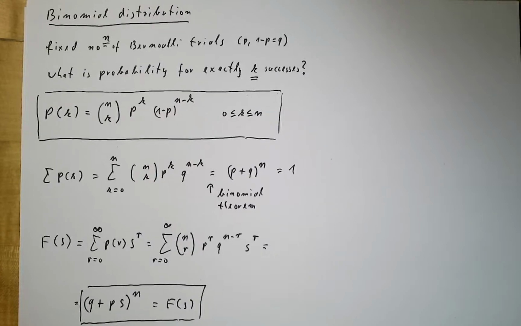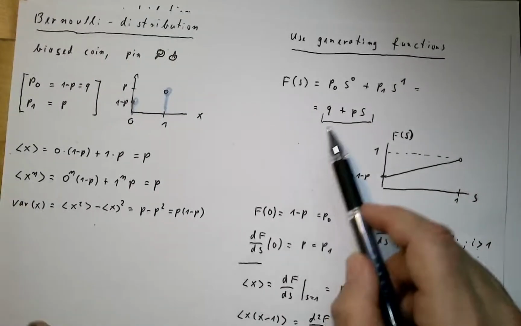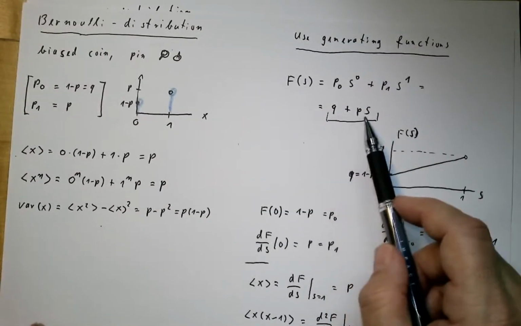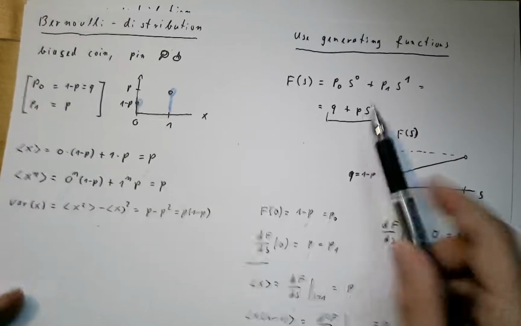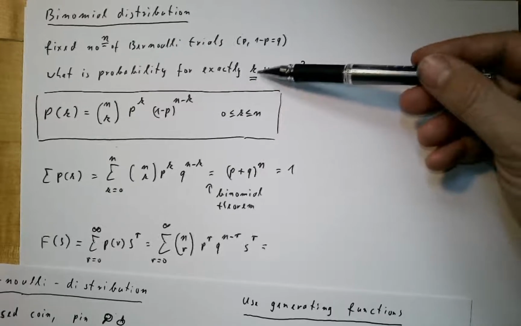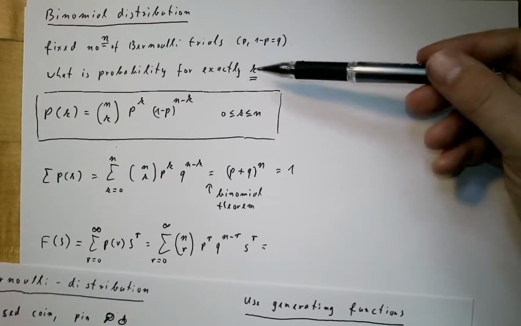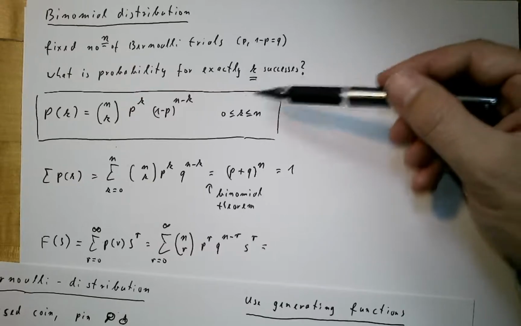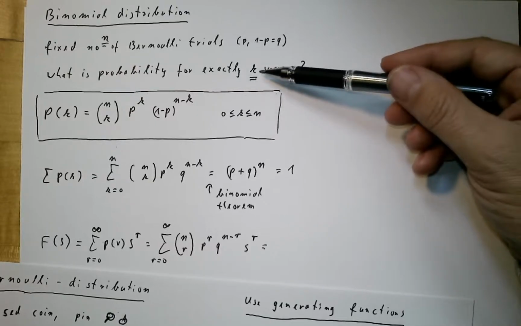But we could have done it even more simply, because we know the generating function of the Bernoulli distribution. This is just q plus ps. Now the number of k successes is just the sum of n Bernoulli random variables.